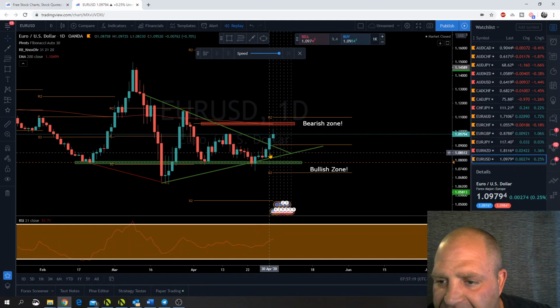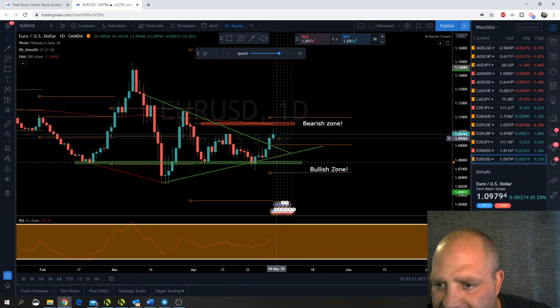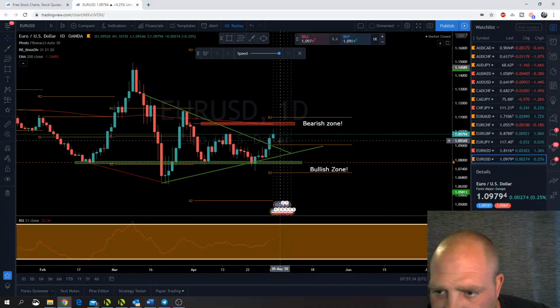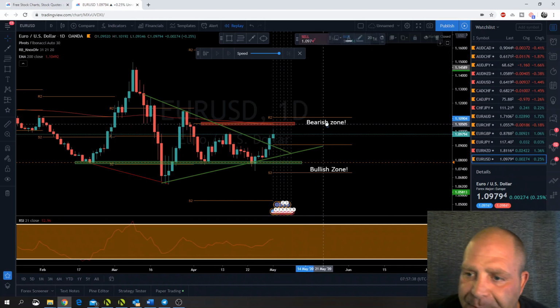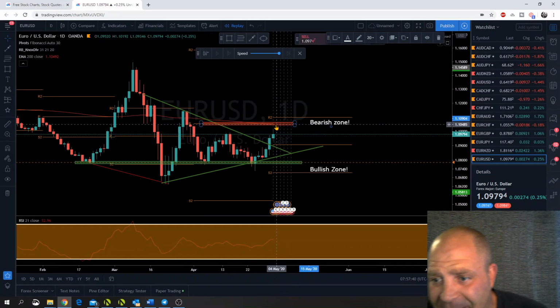How you trade this, guys, is you see this break candle and you enter right on the close of that candle, or you could have waited on a smaller time frame for a retest of this break, which you got a little bit, and then this 200 EMA is your target. But we didn't quite hit the 200 EMA.